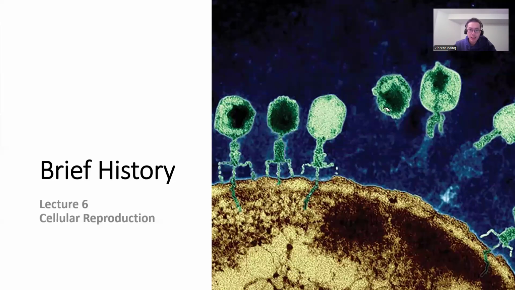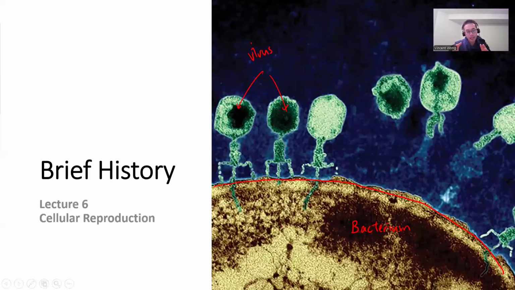Okay. In this picture, we can see there are two interesting things here. These little green structures here, these are actually a type of virus. Okay, and the virus is landing on a bacterium right here. So this is a bacteria. Bacterium is singular for bacteria. And the virus is injecting something into the bacterium.